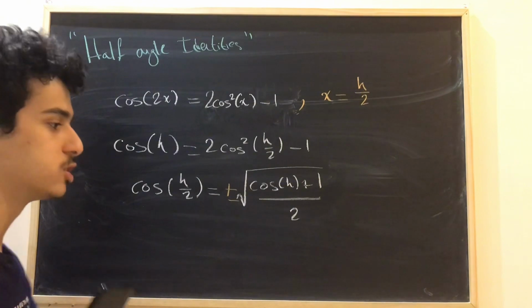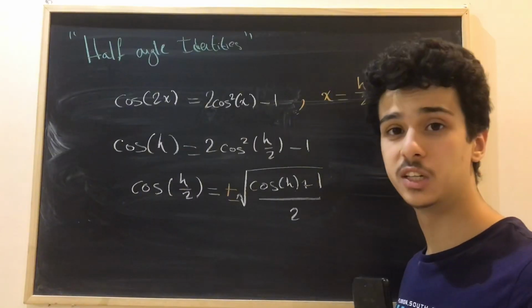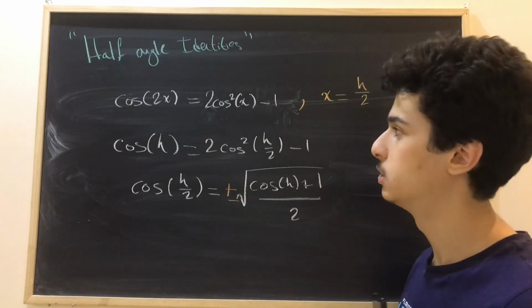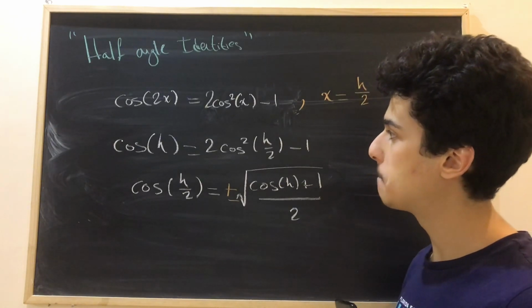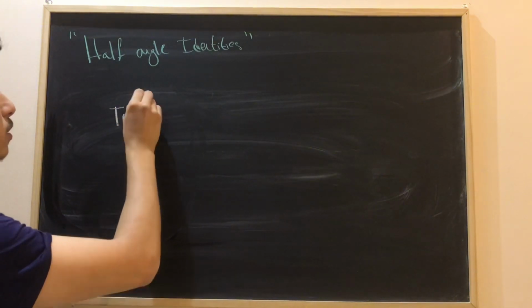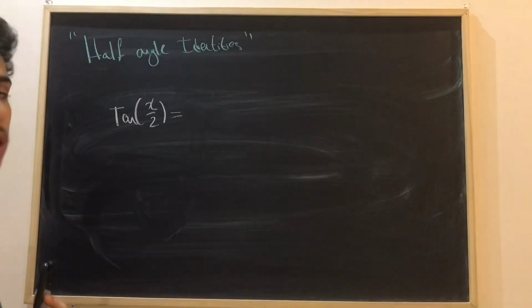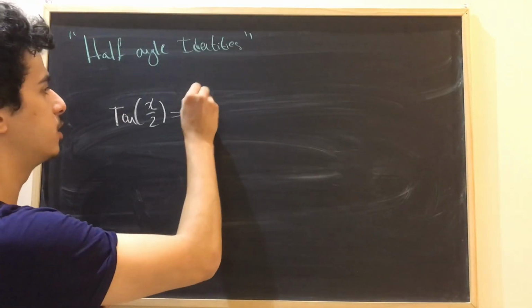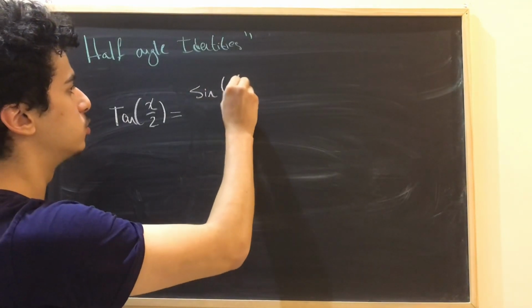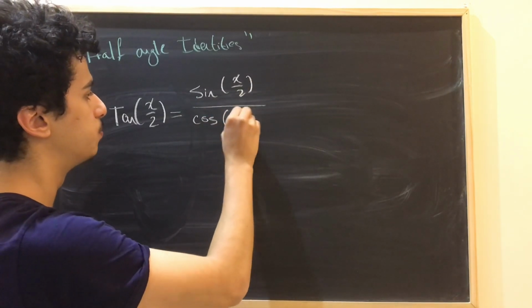Another one is tangent, which is a little more interesting, I have to say, because you get rid of the radicals. And radicals are never nice. I'm not talking politically, but yeah. Anyways, so we have tangent of x over 2. We're using x again. I like x. Tangent of x over 2 will be sine of x over 2 over cosine of x over 2.